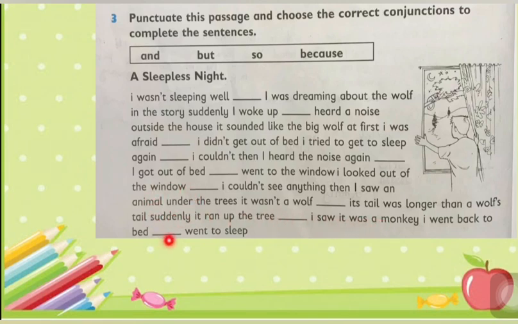What are the two informations? Whatever animal he was looking at, it ran up the tree and he saw that it was a monkey. So we will use and here because there are two informations given. Full stop. I capital. I went back to bed and went to sleep.